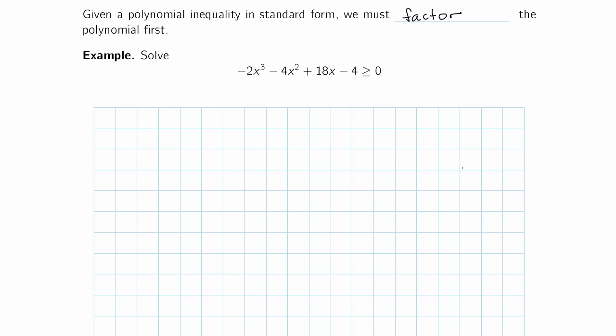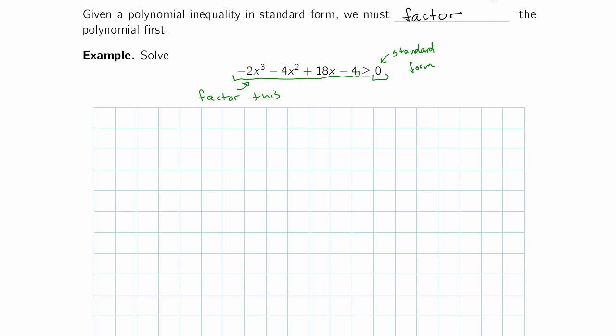So here's an example. We're given this polynomial inequality, and this side is 0, so we are in standard form. Our first move then is to take this polynomial and factor it.